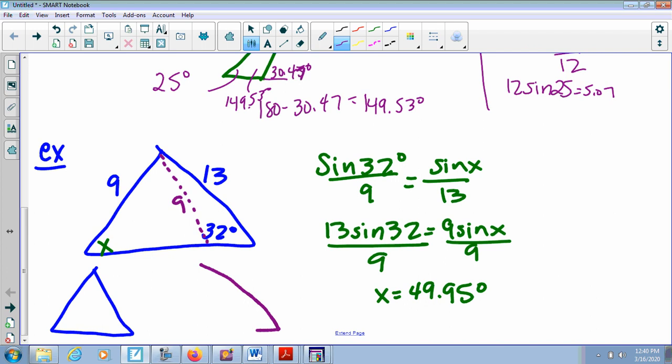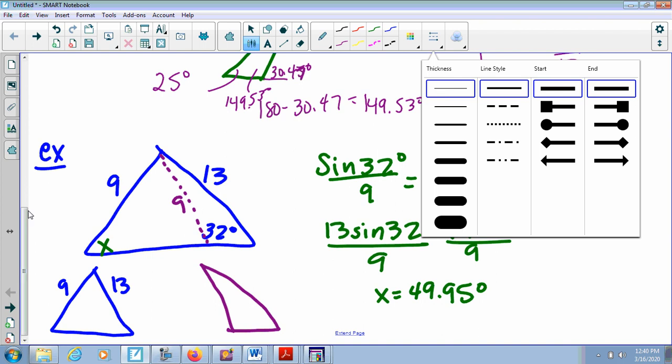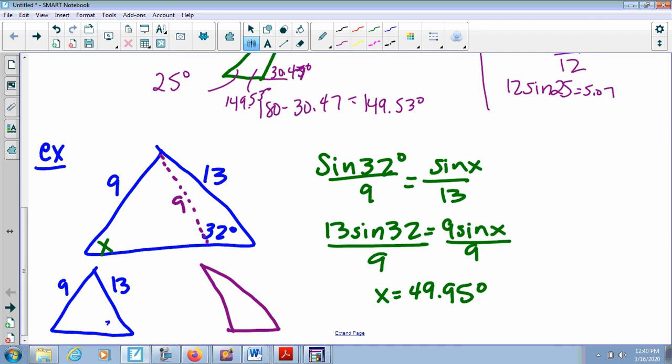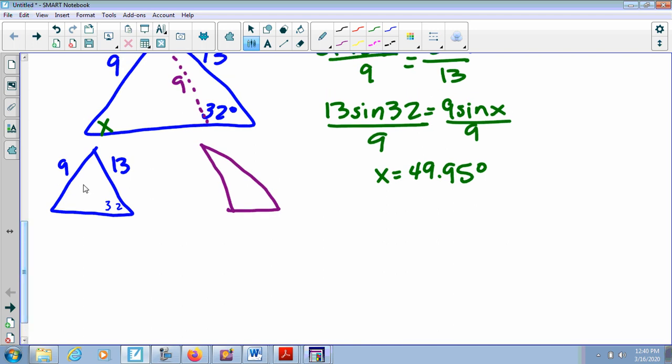Ooh, this looks horrible. I'm not an artist. Okay. So this was 9, 13, 32, and also 49.95. Okay. And 9, 13, 32, and this is not 49.95.